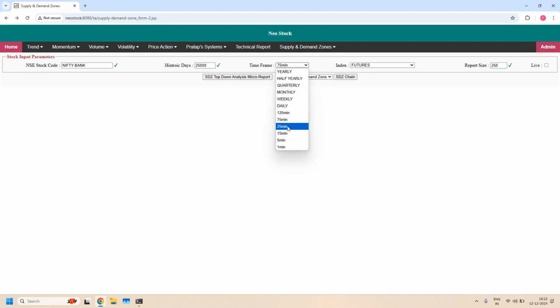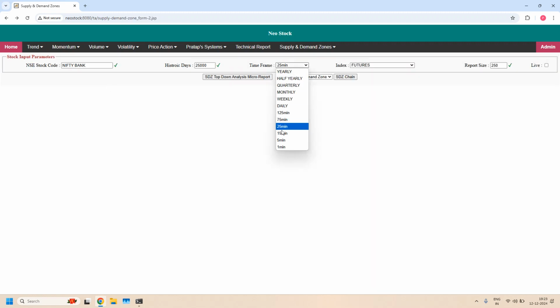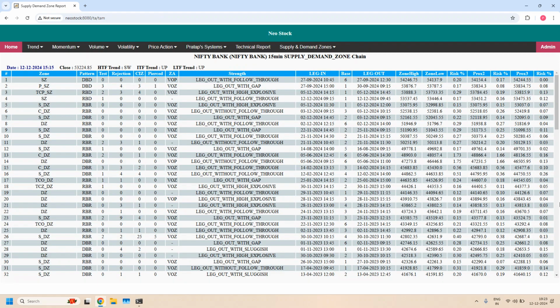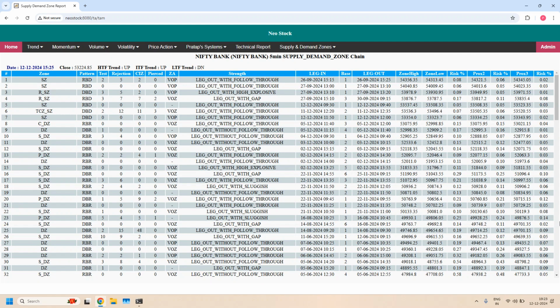Next, 25 minute supply demand zone chain for BANKNIFTY. Next, 15 minute supply demand zone chain for BANKNIFTY. Next, 5 minute supply demand zone chain for BANKNIFTY. So this is about the BANKNIFTY supply demand zone chain.